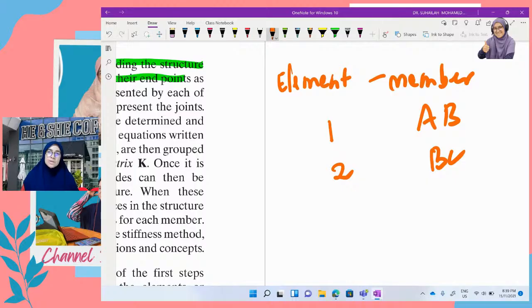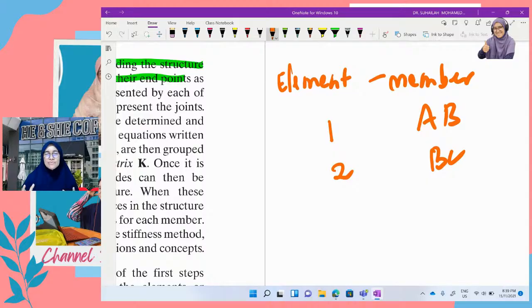Because the stiffness matrix method is the theory behind software. If we want to analyze a simple structure like a continuous beam with 2 or 3 elements, 3 members, of course we can calculate it manually.